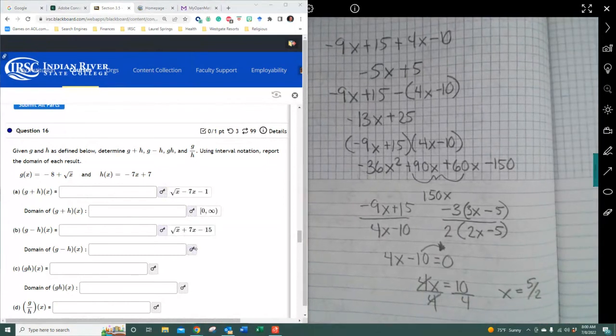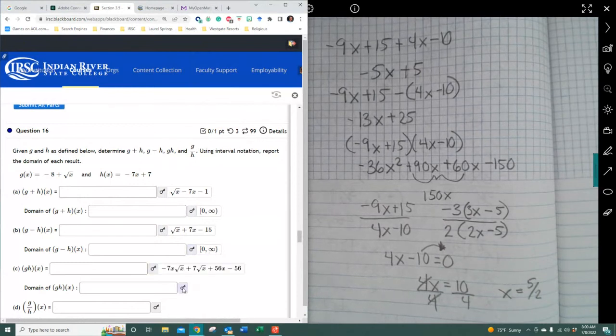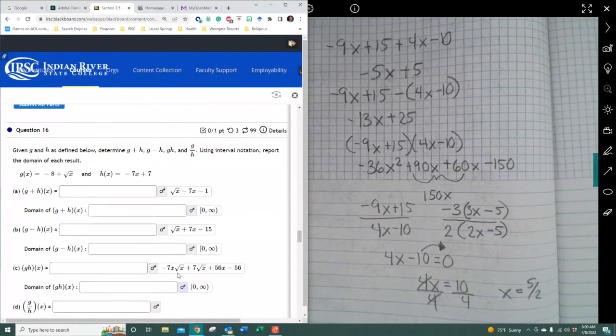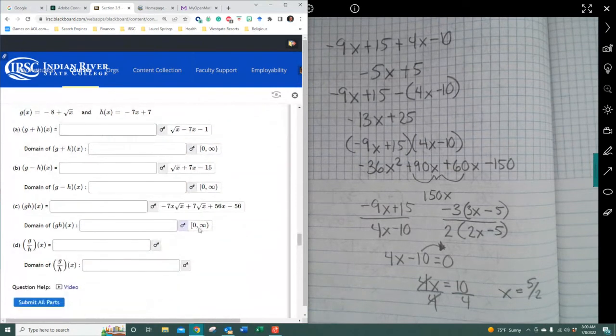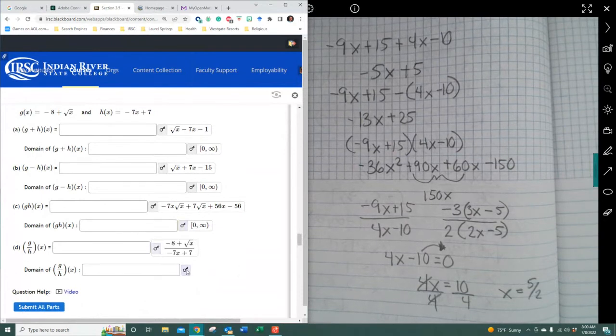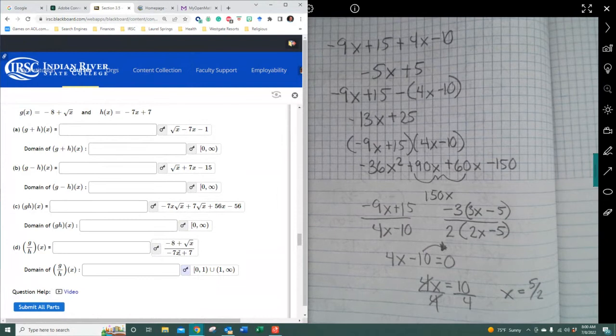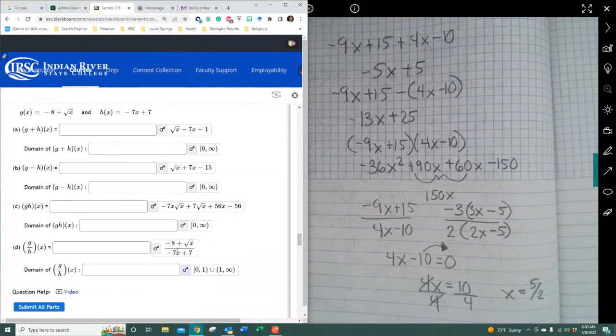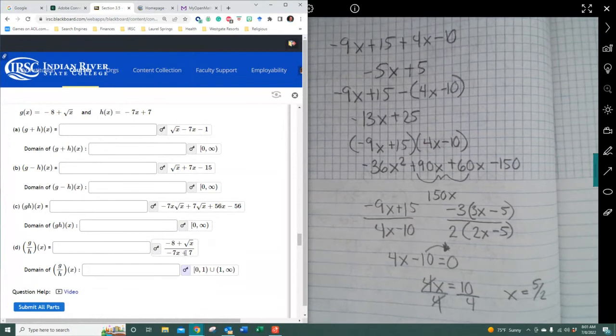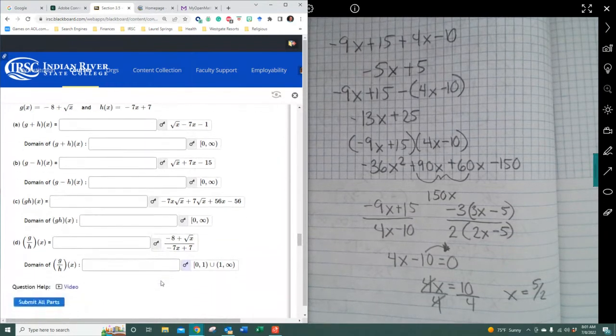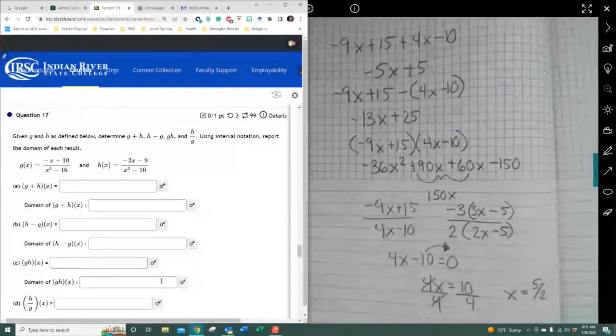See how you get these answers where it's from 0 to infinity, because that's a restriction on the structure of the radical. And it seemingly holds true on all of them that you're greater than or equal to 0. And this one, however, has even more restriction because you can't divide by 0, or have a 0 in the denominator. And again, there's a video that supports that. All right, so you have that.